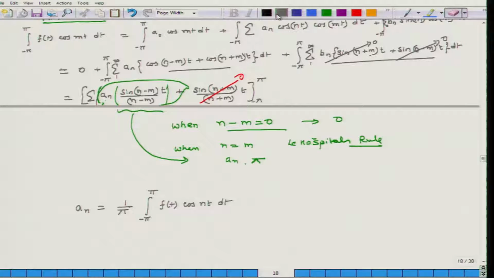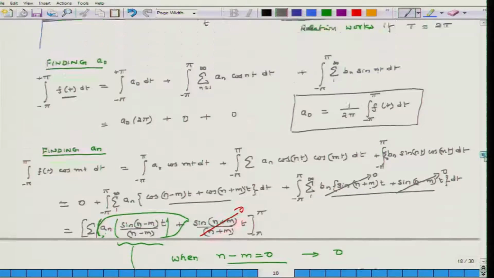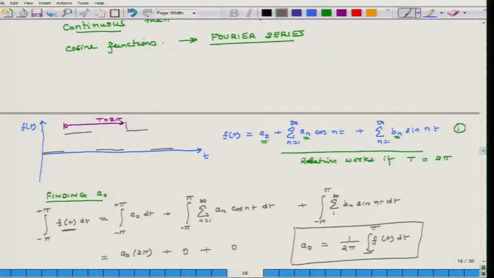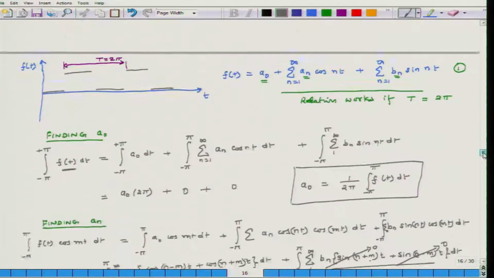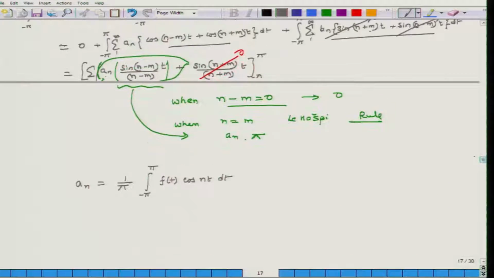And if I do similar mathematics to calculate b_n, I multiply the original equation 1 on both sides, left and right, by sine(mt), and do the integration, and I will find that I am left with only one term.